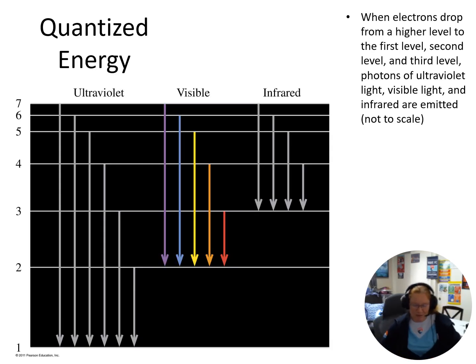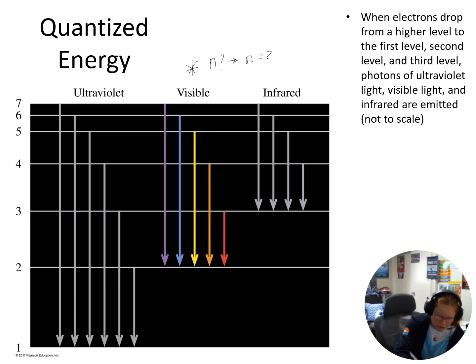So there's actually 3 different types of spectra that we can get: the ultraviolet, the visible, and the infrared. And so when we drop from that higher level down, we get these spectral lines. And so visible spectra, this one right here, these are corresponding from some transition of an energy level down to n equals 2.